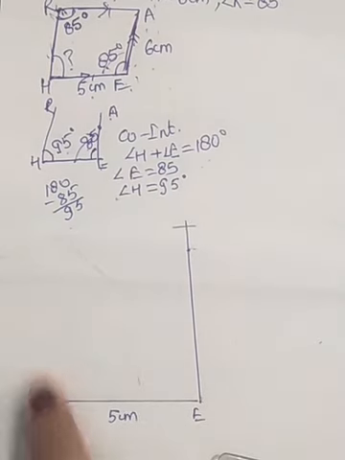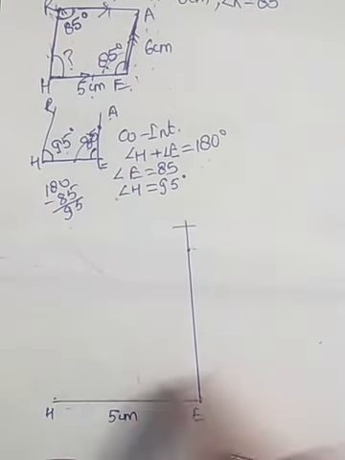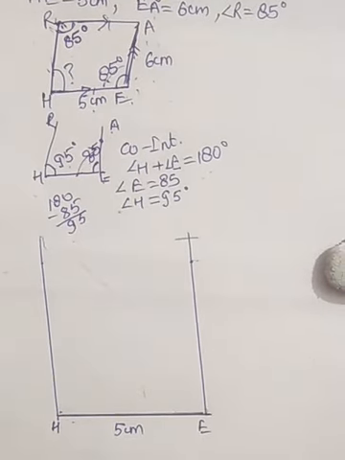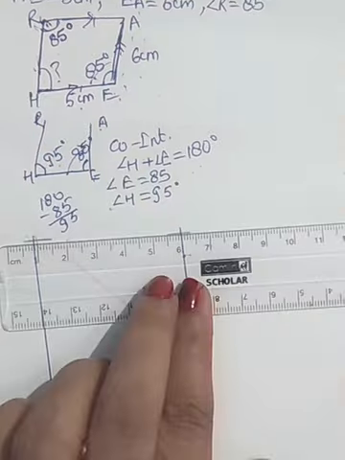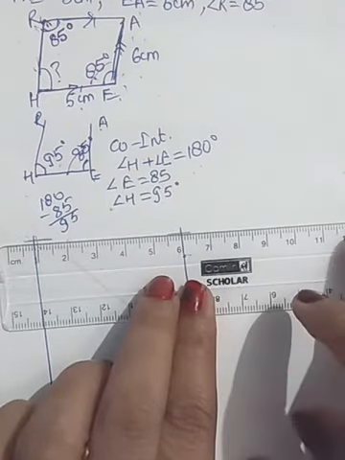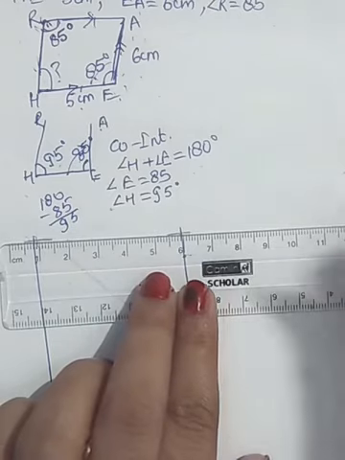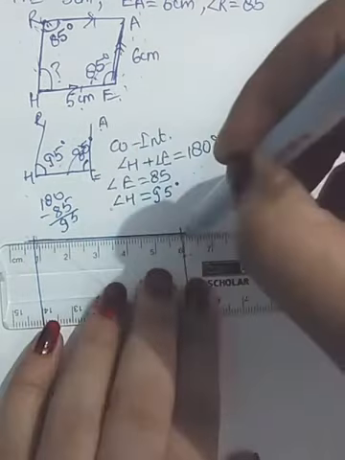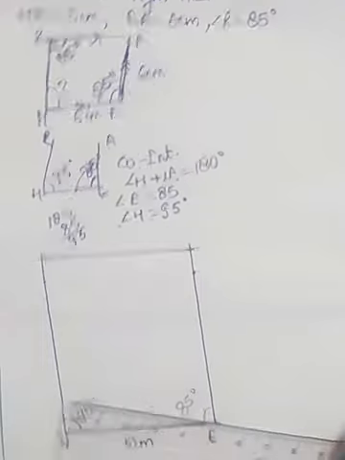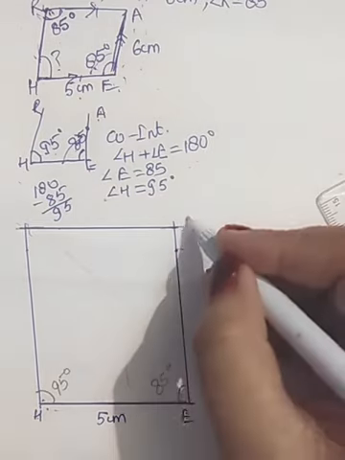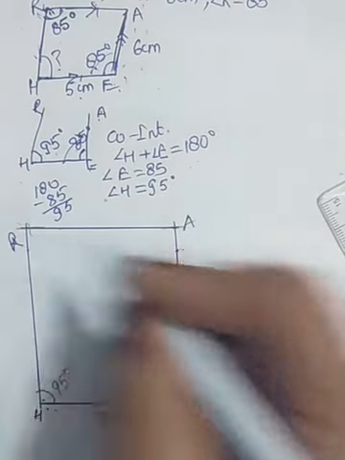Make an angle of 95 degrees at H. This is how the parallelogram HEAR is completed.